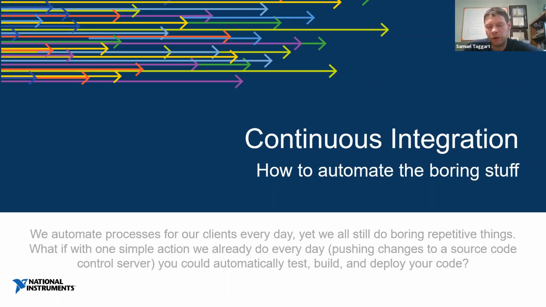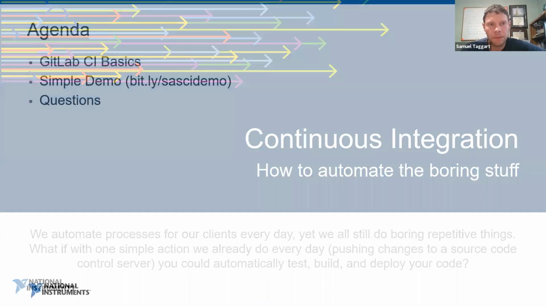What if, when you do that, you could automatically trigger these tests, the VI Analyzer tests, the unit tests, things like that? And what if you could automatically build your code and possibly even deploy it? Whatever that means, whether it means publishing a VI package or an NI package, or putting something on a server and sending an email to your client, whatever that happens to mean for you. That's the promise of continuous integration: to eliminate a lot of those boring things.